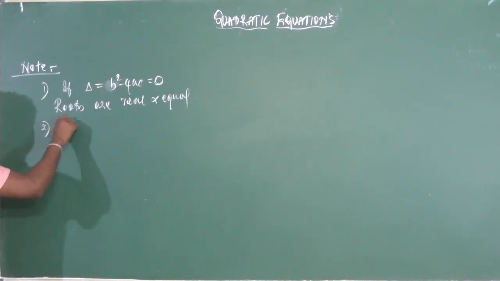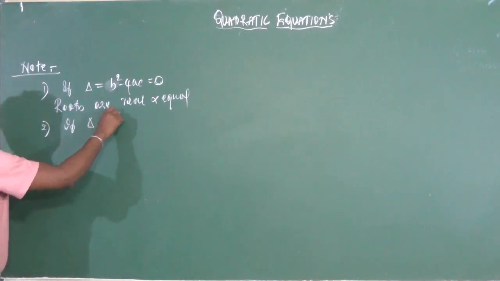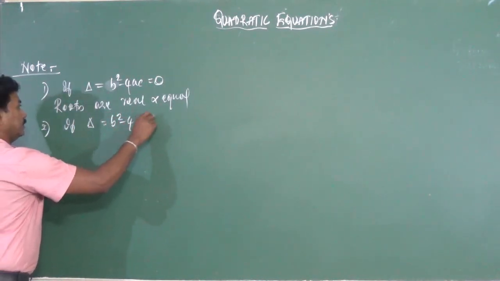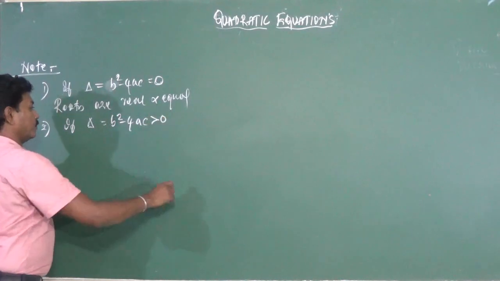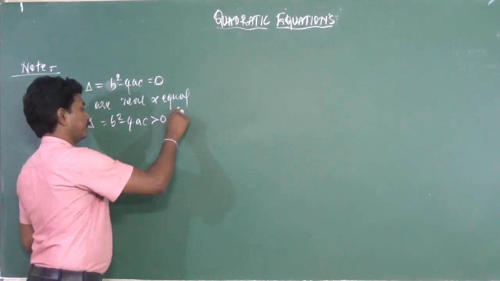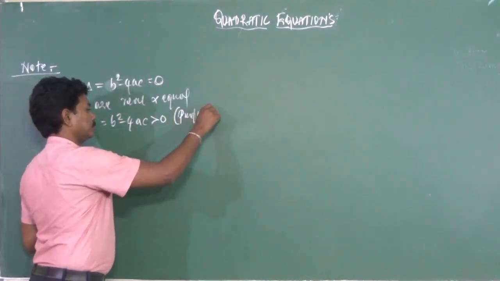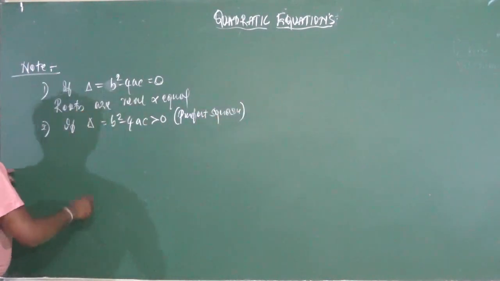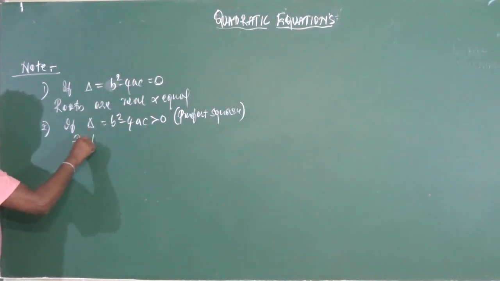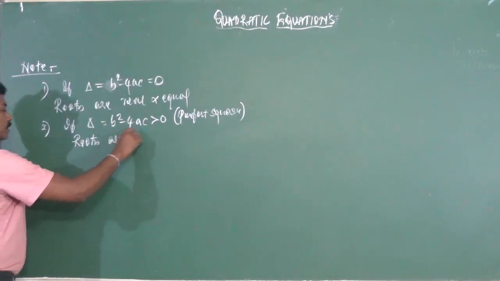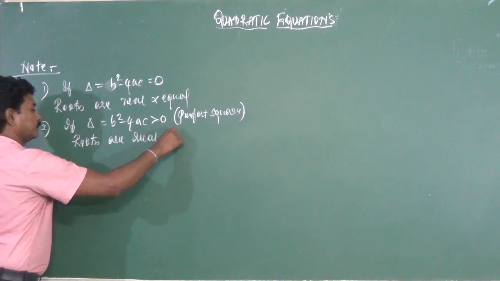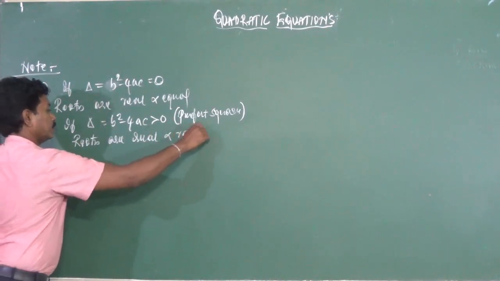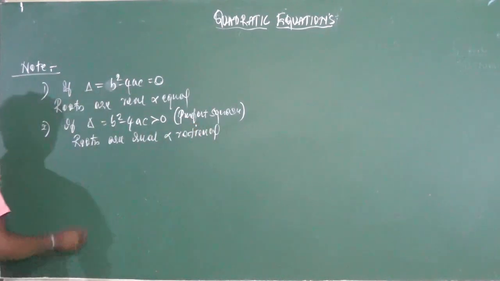Second one, if discriminant, b square minus 4ac, is greater than 0 and a perfect square, then roots are real and rational. Okay.